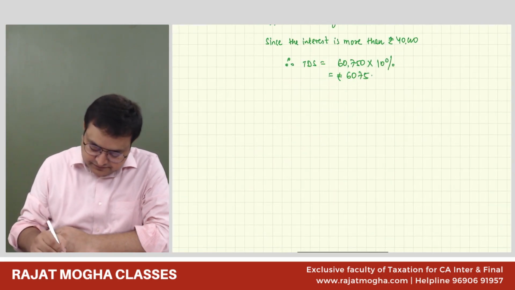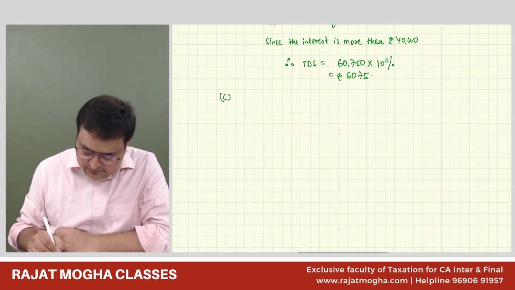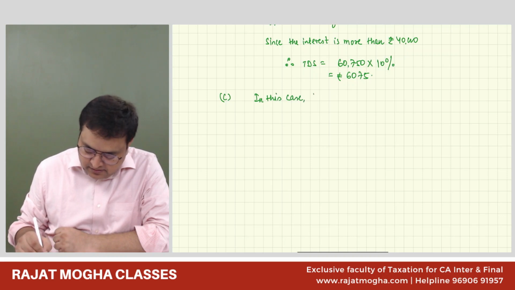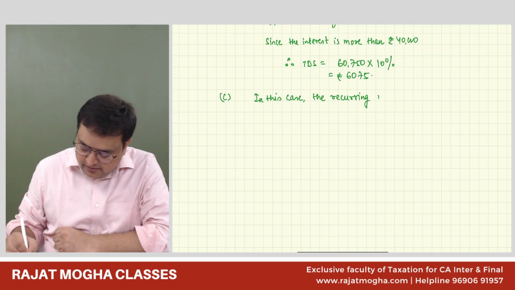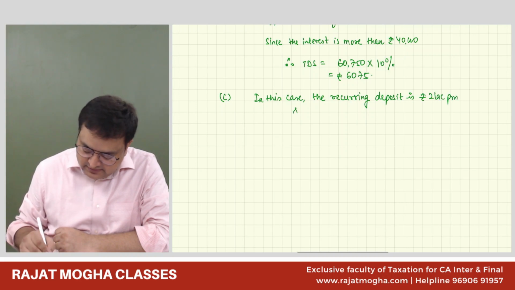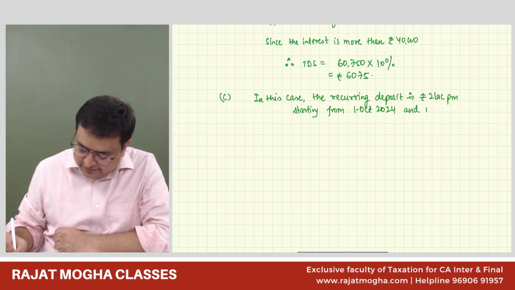C point. In this case, the recurring deposit is rupees 2 lakh per month, starting from 1st October 2024 and maturing on 31st March 2025.